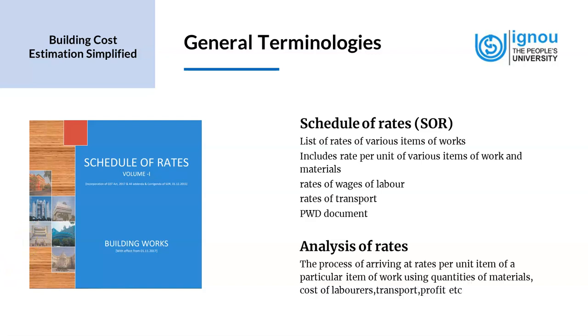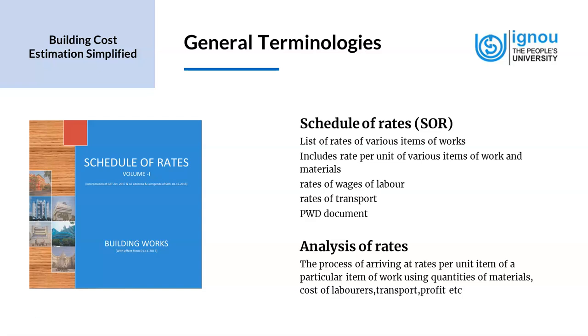Now, analysis of rates is a process of arriving at the rate per unit of a particular item of work using quantities of materials, cost of laborers, transport, profit, etc. So the rates that we have in the schedule of rates, how do we come to that unit rate? For this, there is background work that happens, which is the analysis of rates.